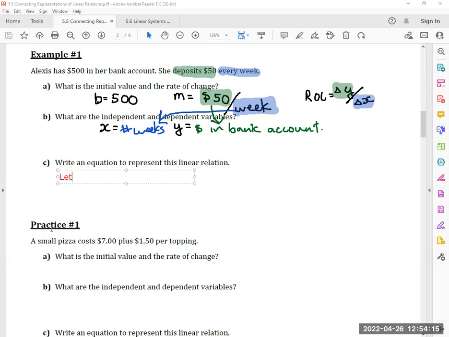I'm going to say let A be amount in bank account, in dollars. Let W be number of weeks.